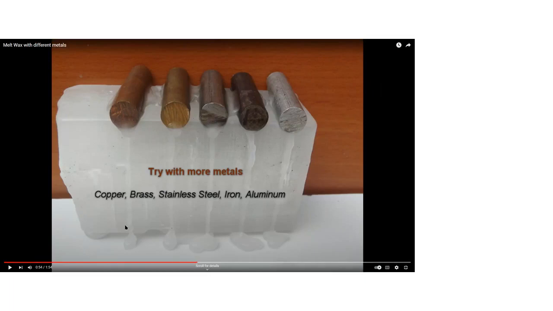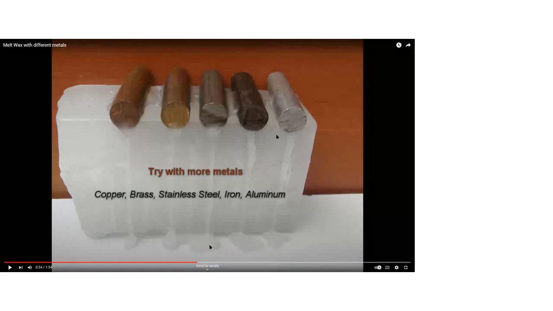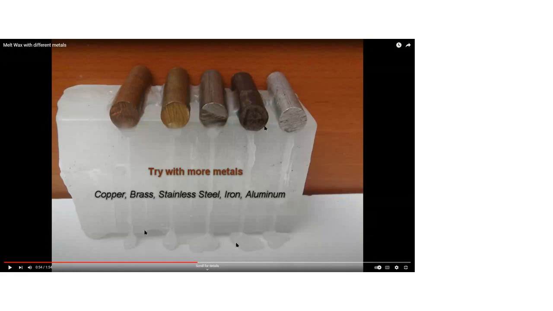So we have copper, stainless steel, iron, and aluminum. All right. They melted different amounts here. These were all the same temperature, boiled in the water. It looks like the iron went down the furthest, right?